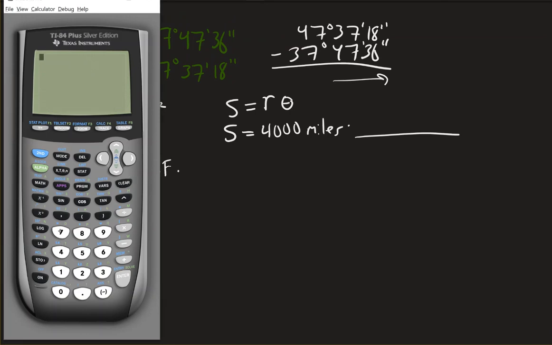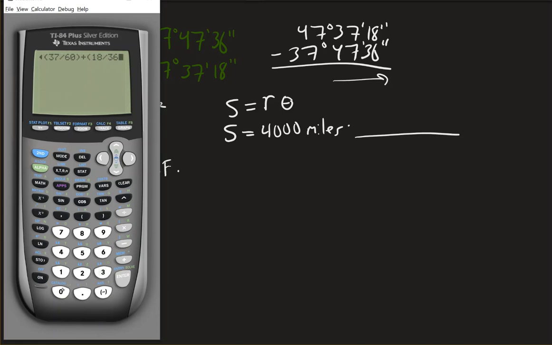Alright, so 47 degrees plus 37 minutes, and a minute is 1/60th of an hour, and 18 seconds.